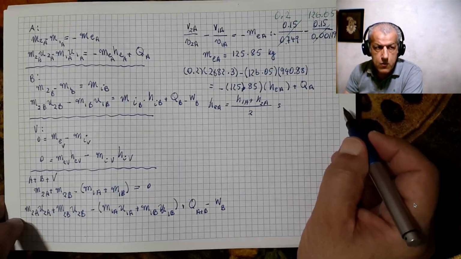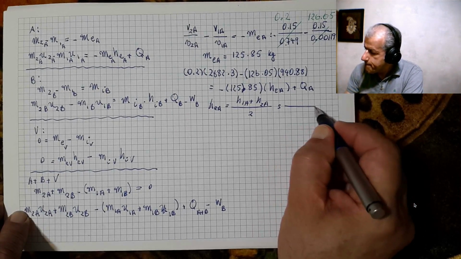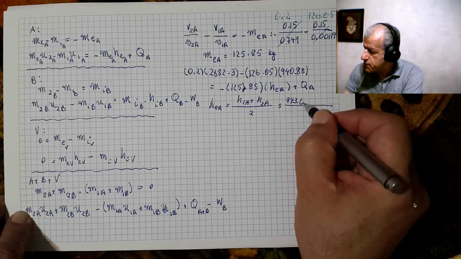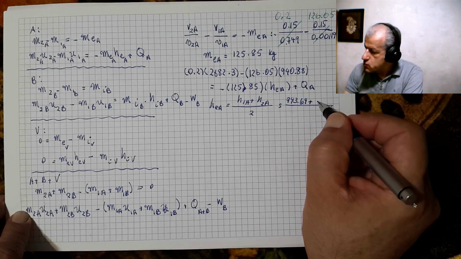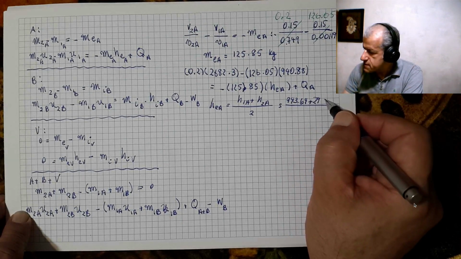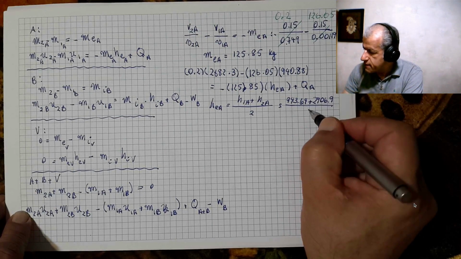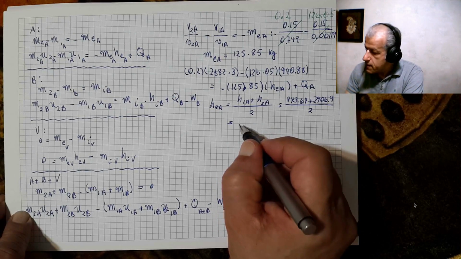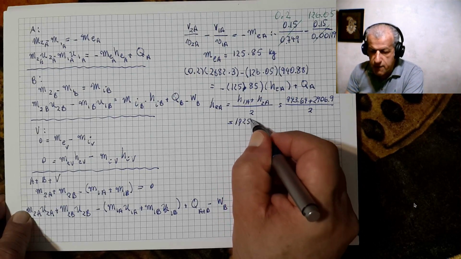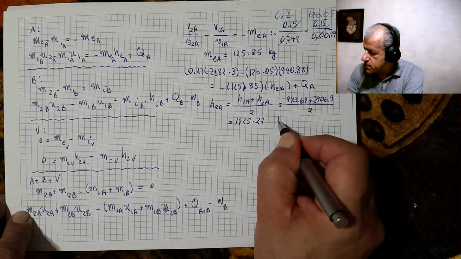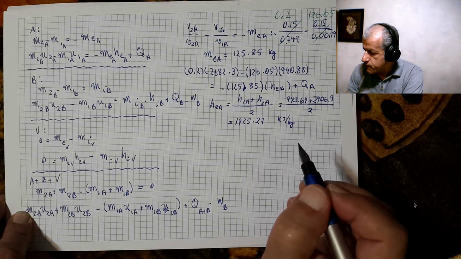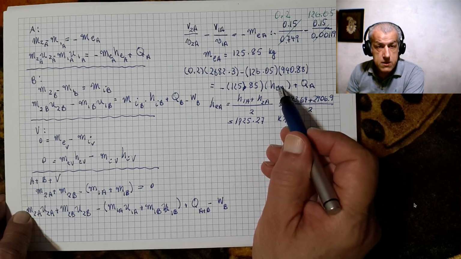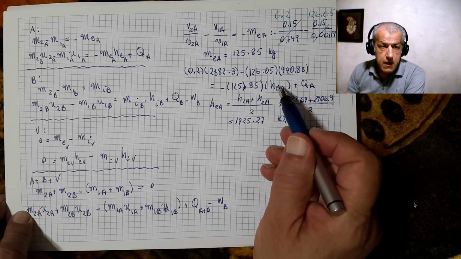This would be 943.64 plus 2906.9, divided by 2, and that makes HEA 1925.27 kilojoules per kilogram.